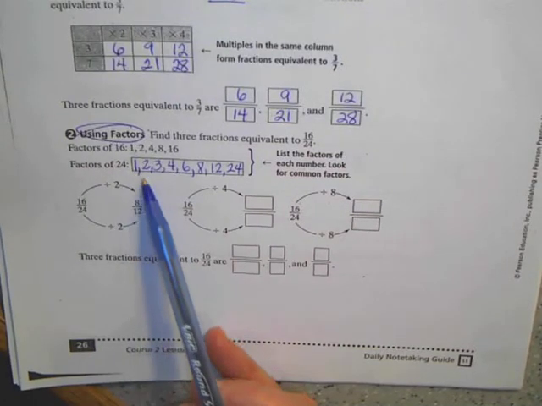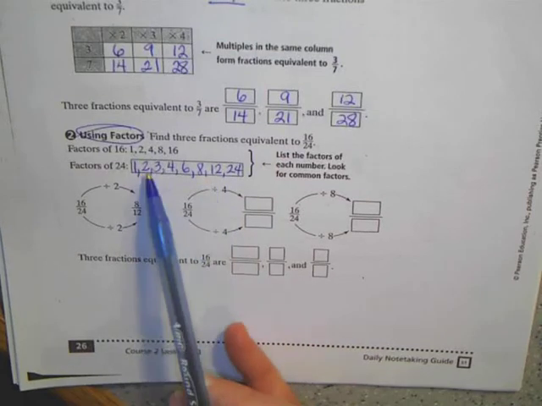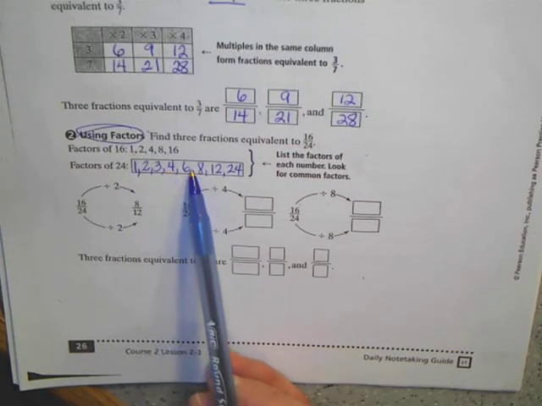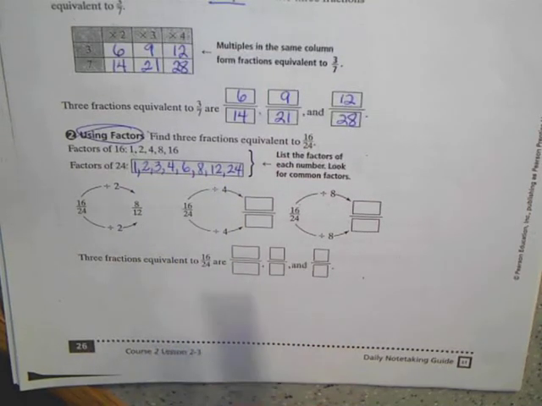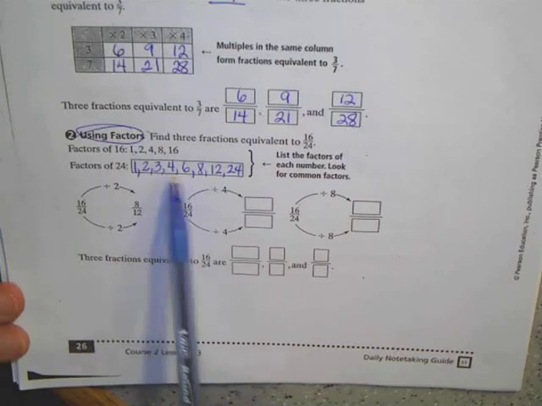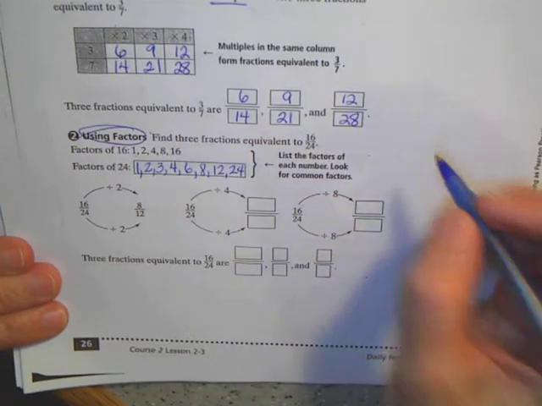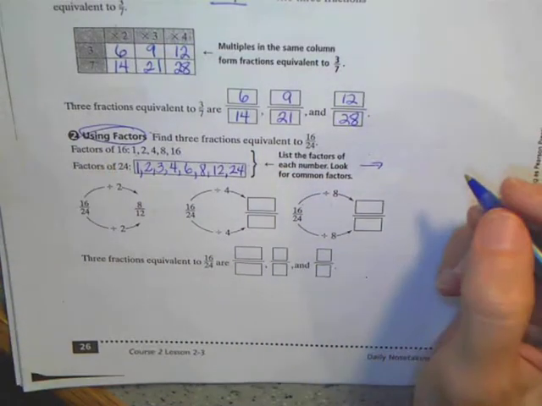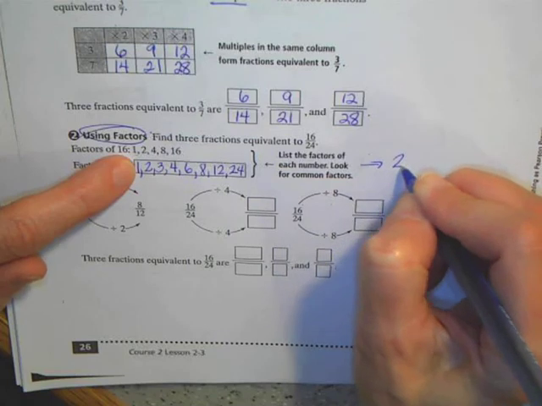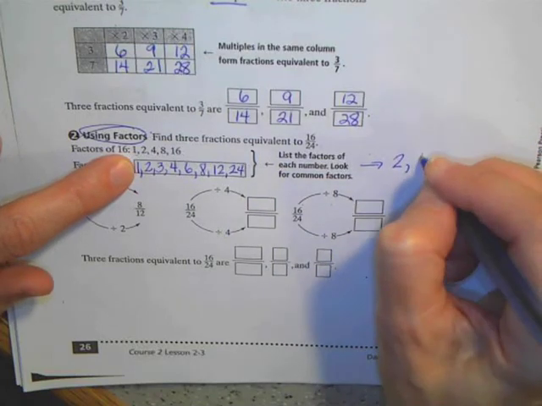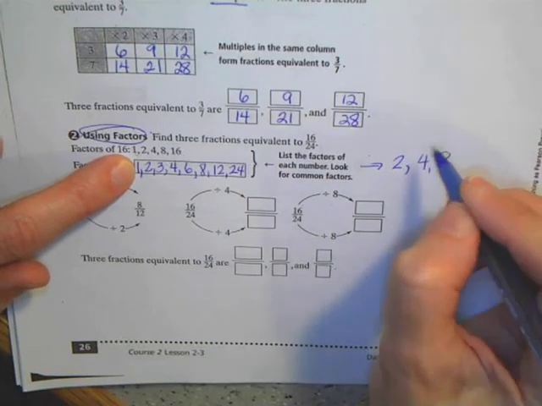And remember, it's 1 and 24, 2 and 12, 3 and 8, 4 and 6. Then I would start repeating, 6 and 4, but that's the same thing, so I know I can stop when I would start repeating the numbers in my list. Okay, so the common factors they have other than 1 are 2, 4, and 8.